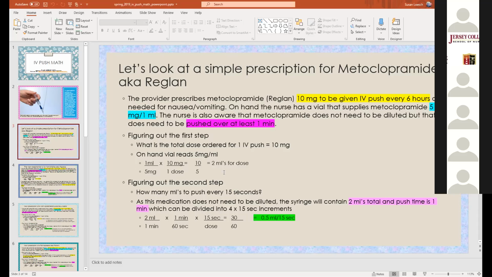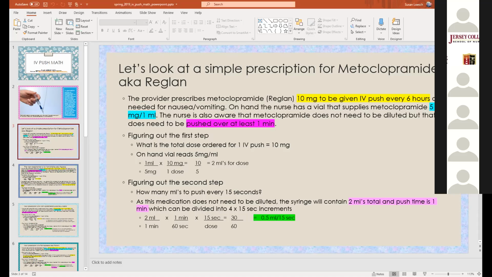Okay. So myself, if you do D over H, this is how I would do the question that you guys have.